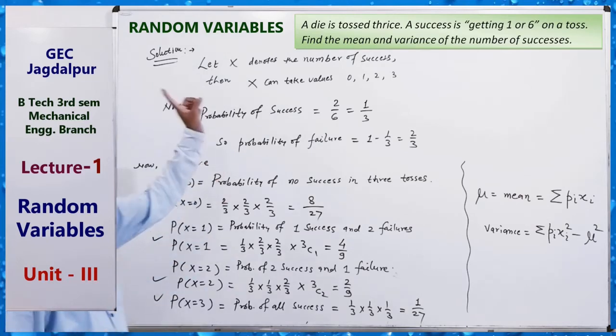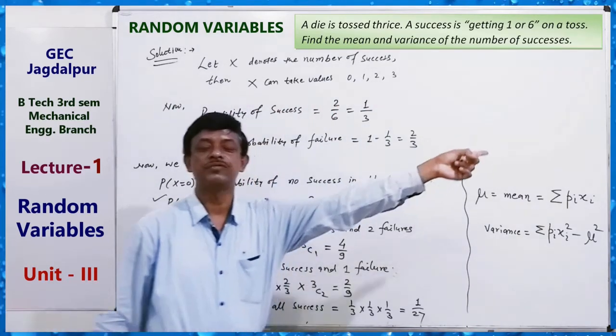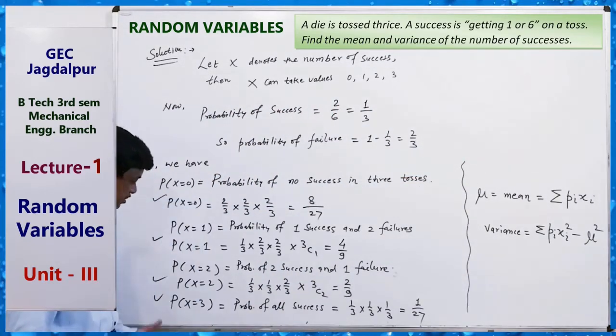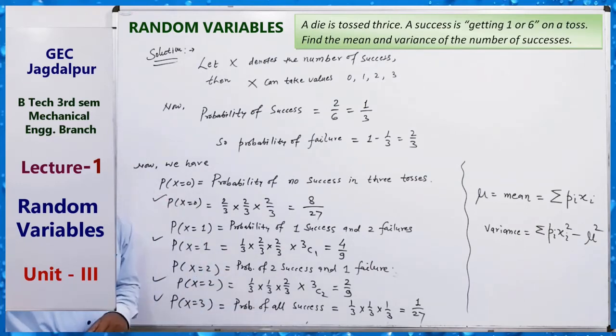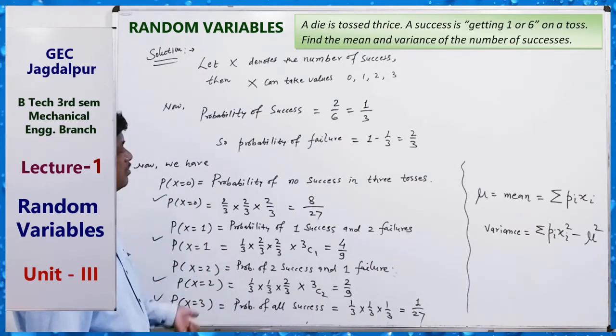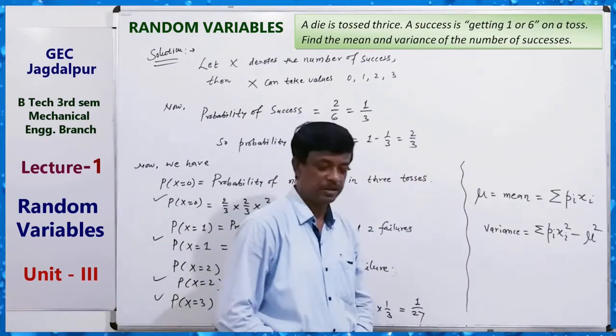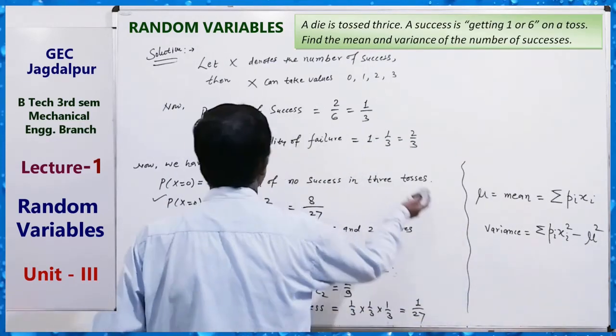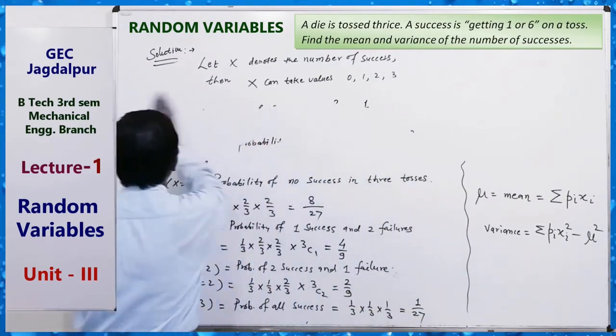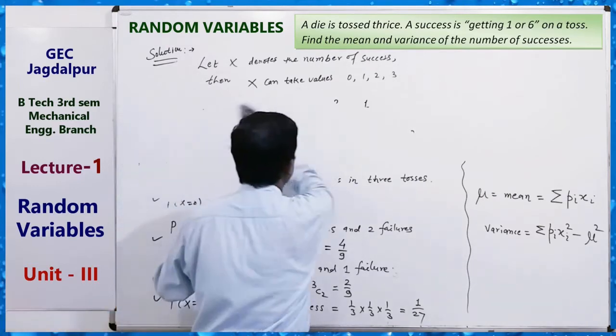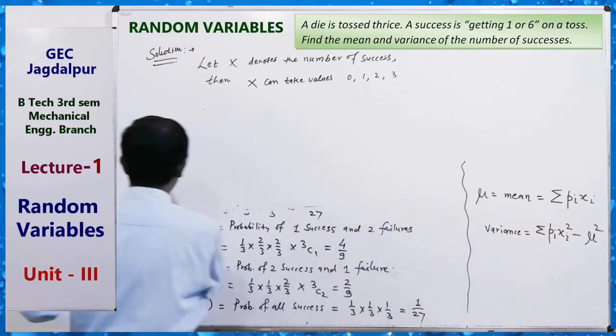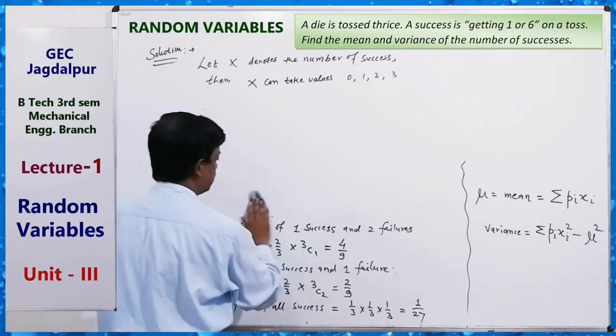Now, corresponding to the values of the discrete random variable, we get probabilities. So we can find the mean and variance using this distribution. Just write the distribution and calculate the values.